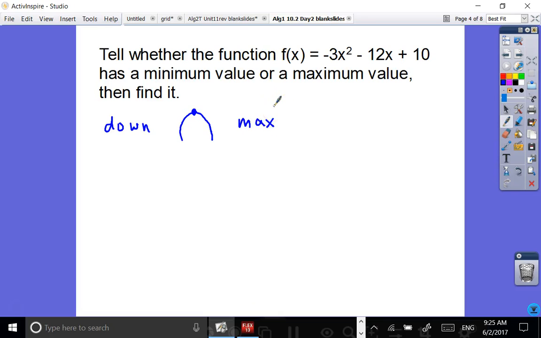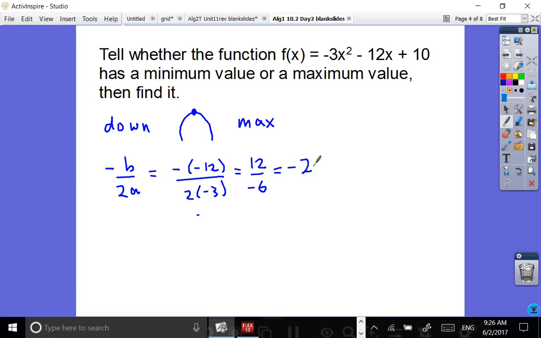Okay, so now find it. Negative b over 2a is negative 12 over 2 times negative 3, which is positive 12 over negative 6, which is negative 2. And then how do I find the y value? Plug it in, with a calculator in your hand. It's just as easy to plug it all in the calculator.